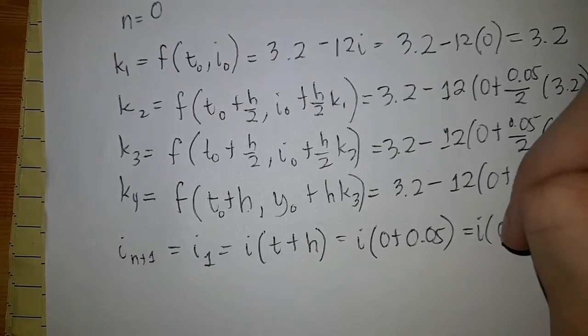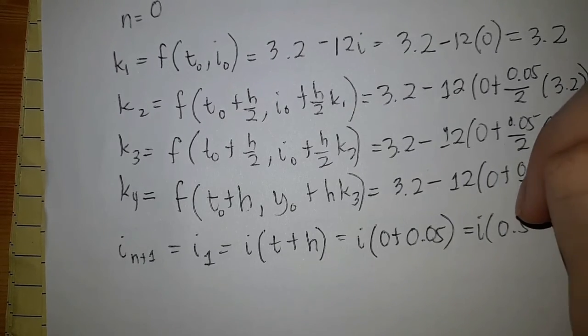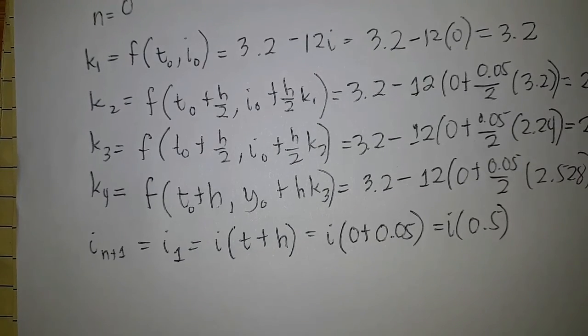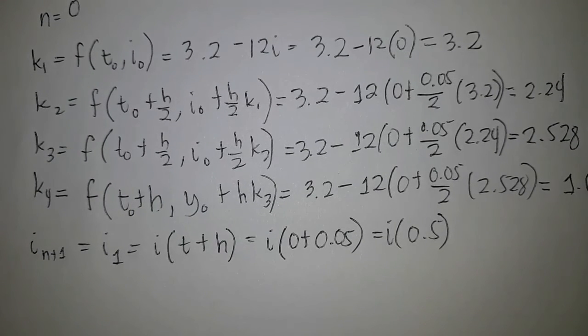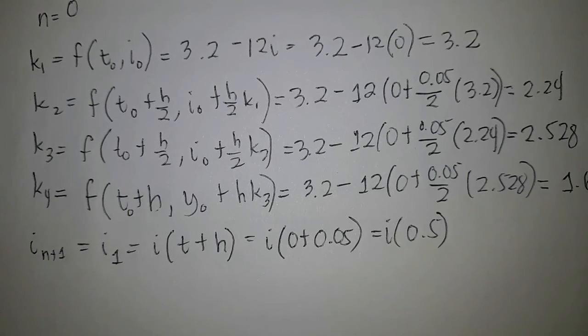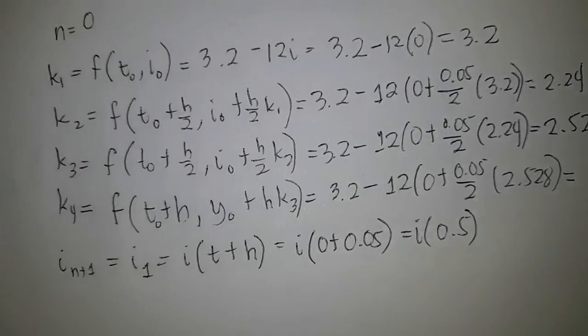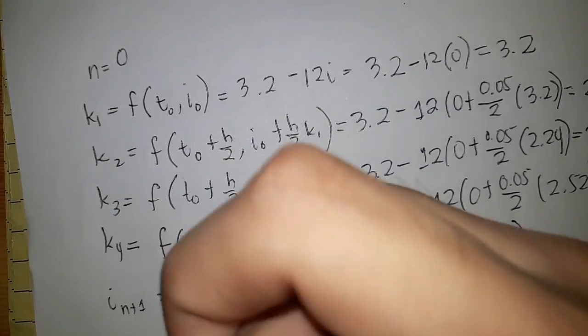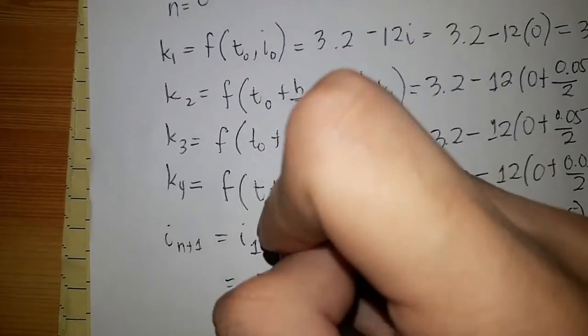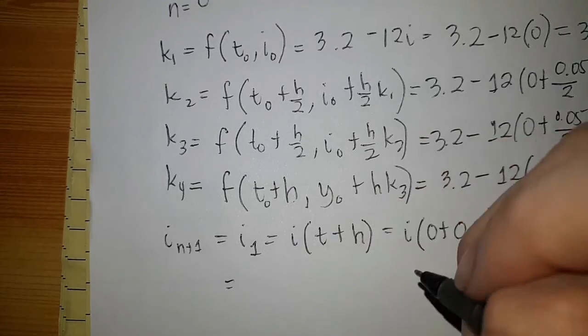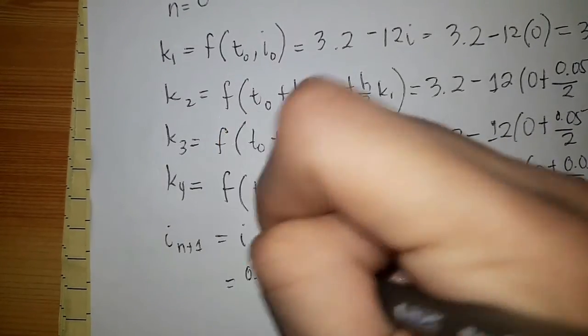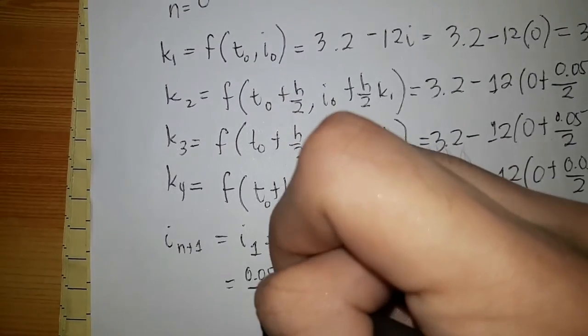So this will become I 0.5. So we are now solving for the value of the current at time t, which is equal to 0.5. So this is equal to h, which is 0.05 divided by 6.